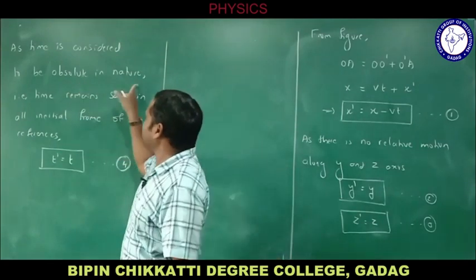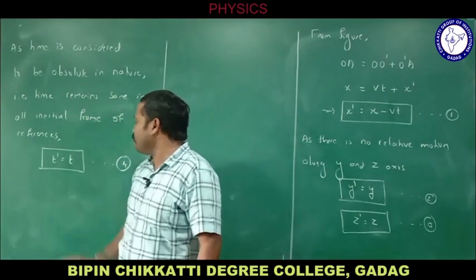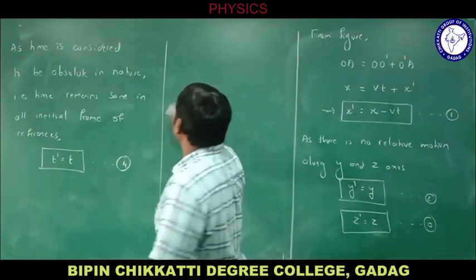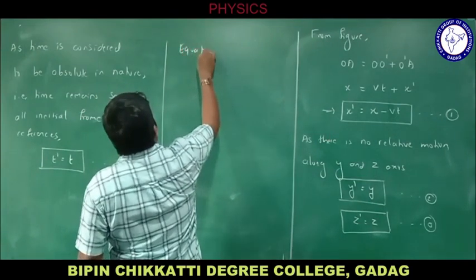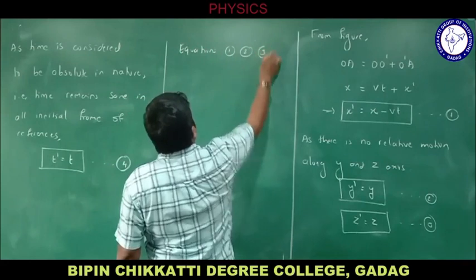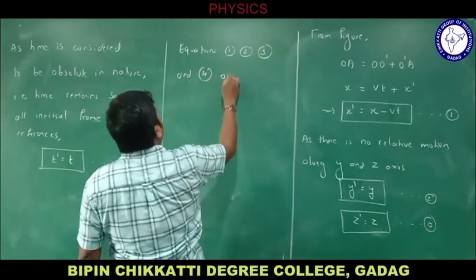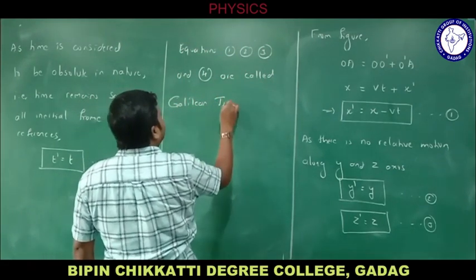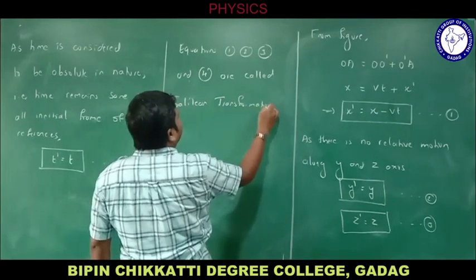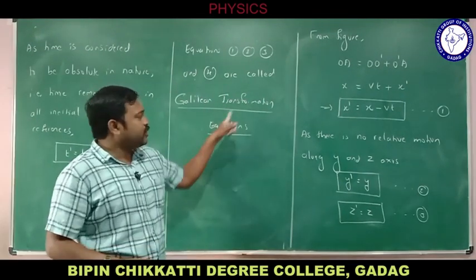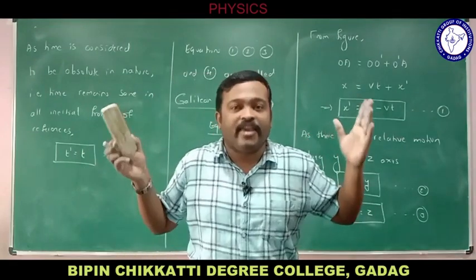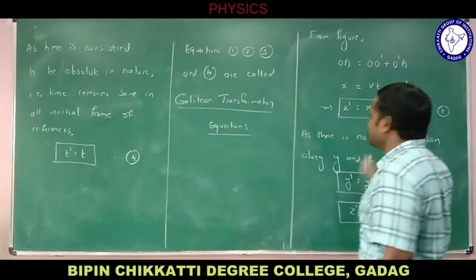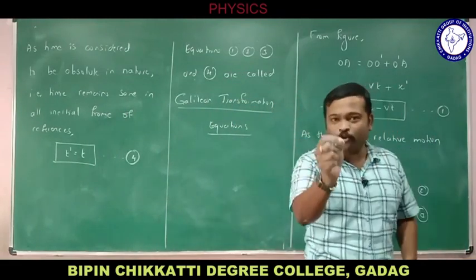So these four equations, 1, 2, 3 and 4, are called the Galilean transformation equations if the frame S dash is moving with velocity v along the positive x axis.